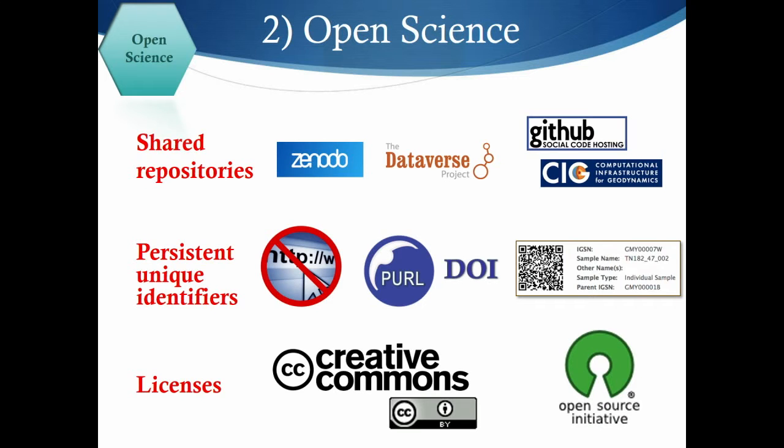In terms of open science, the first thing we worry about is to make sure that your data and your software are in shared repositories. So my field is artificial intelligence. Most researchers put their software in their personal website, so there's a personal URL. If they move to a new university, that site is completely lost. Same thing with data sets. They tend to be in some lab website, and they get lost.